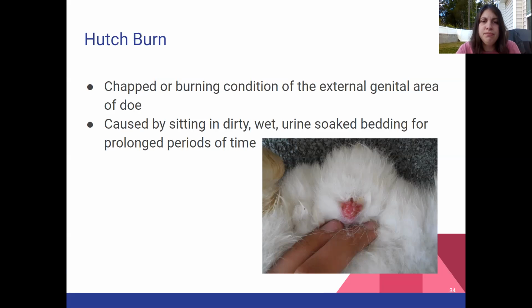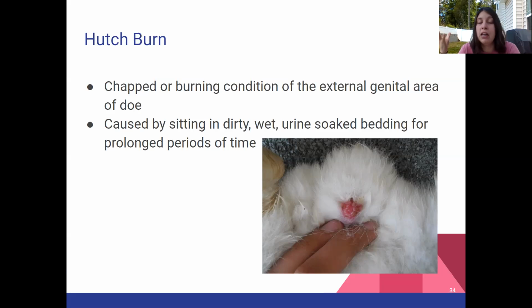It could be dirty or wet. That could be from water, like maybe their water came loose and completely soaked their bedding. It's happened. Or urine where it's not getting cleaned. But it's going to be for a prolonged period of time, where they just sit there and move around and it gets chapped.